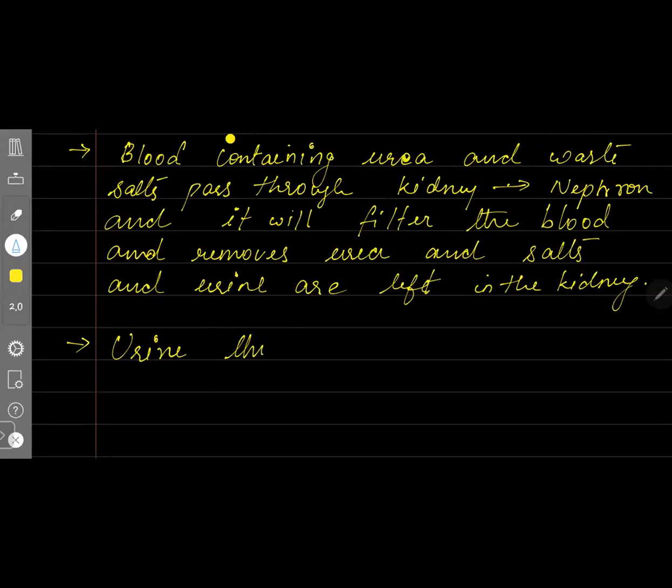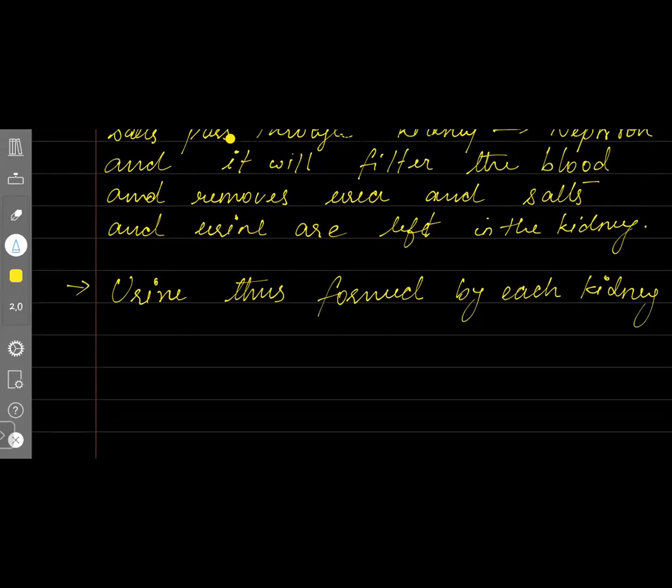Urine is thus formed by each kidney. Each kidney plays a role, and both kidneys perform the same function. So we are learning only one kidney, because the process is the same for both.